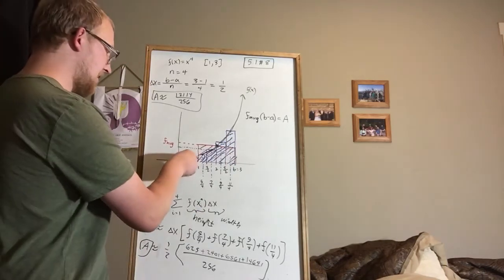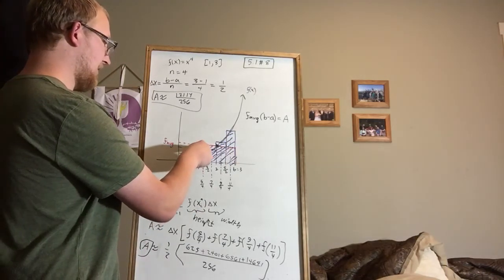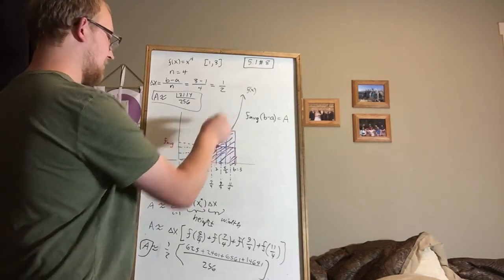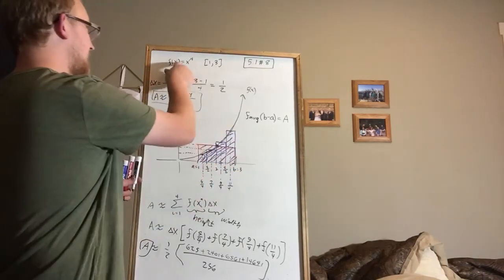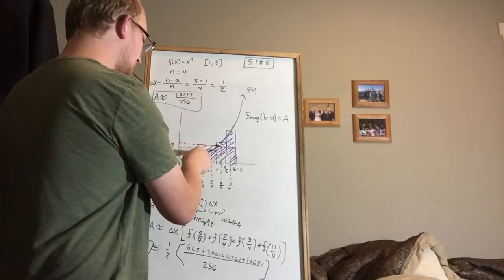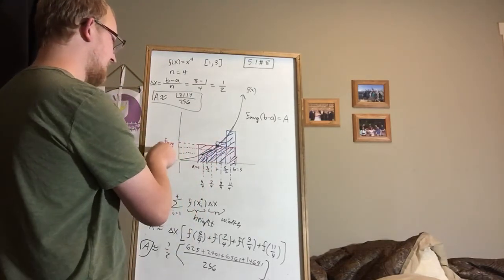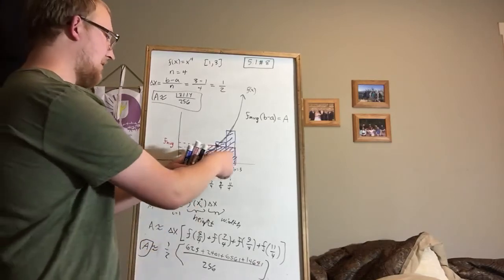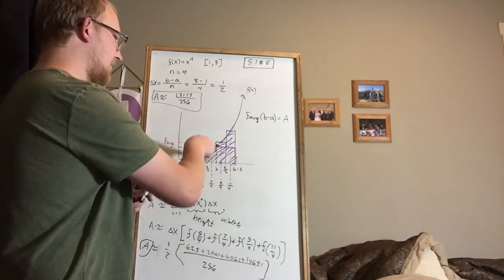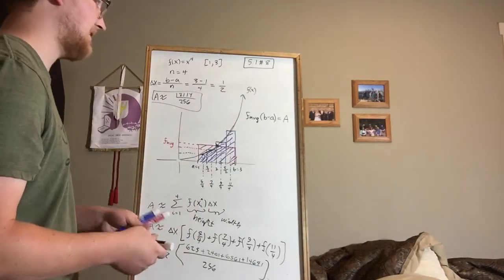So in other words, between this point and all these points that are part of the graph between 1 and 3, x to the 4, all those points averaged together would give us an average value of f average, because the area of the red rectangle we're setting equal to the area of the blue rectangle.